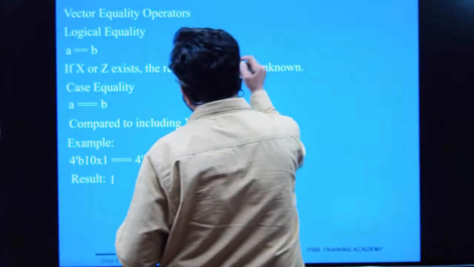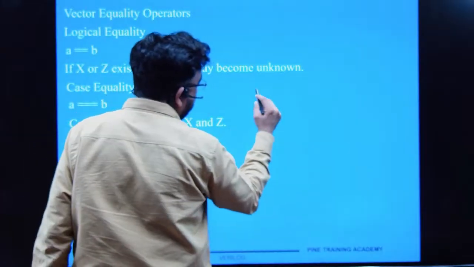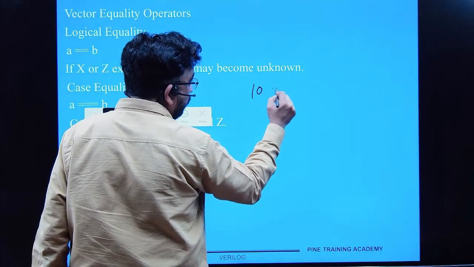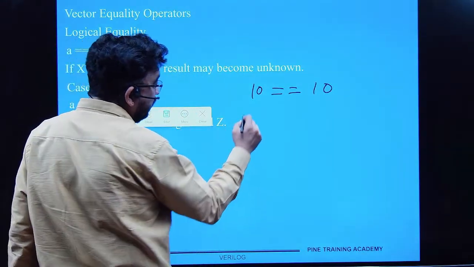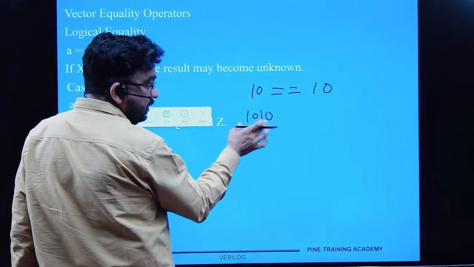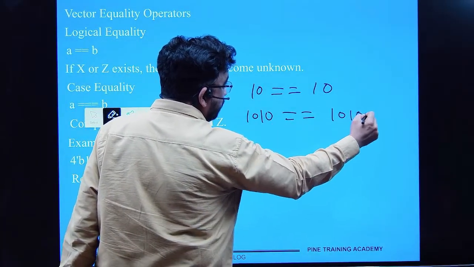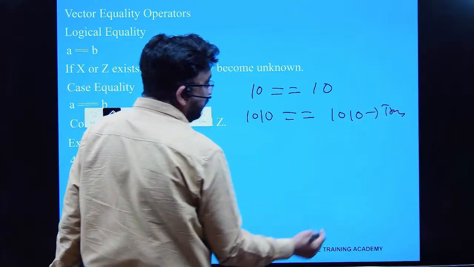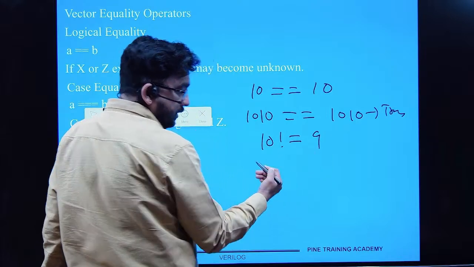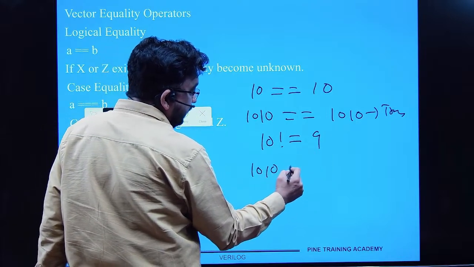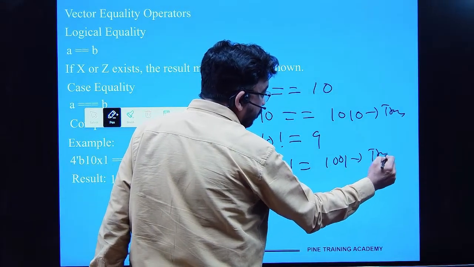For example, you want to compare 10 with 10. How do we write 10? 1010. So 1010 is equal to 1010, so the output is true. If 10 is not equal to 9, that is, 1010 is not equal to 1001, then it is also true.